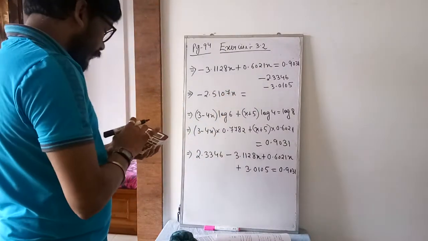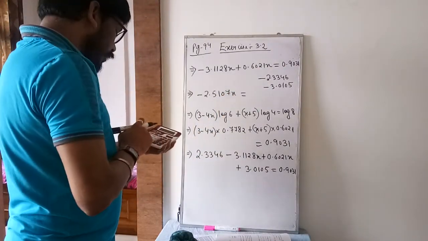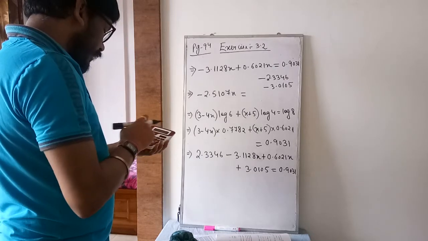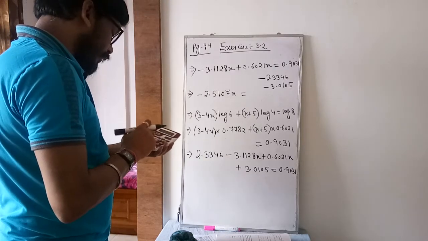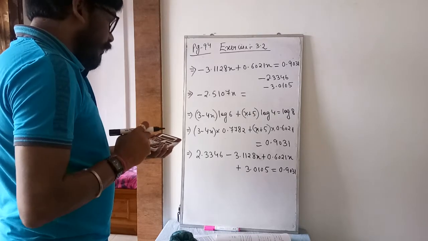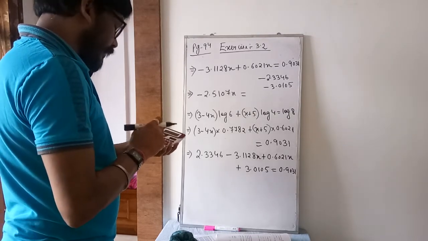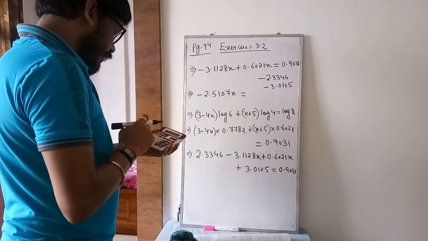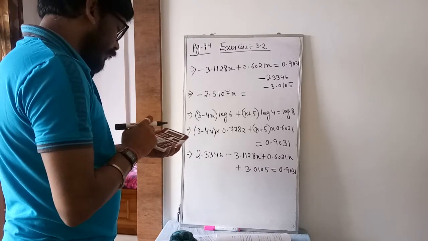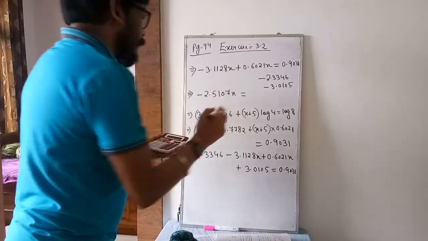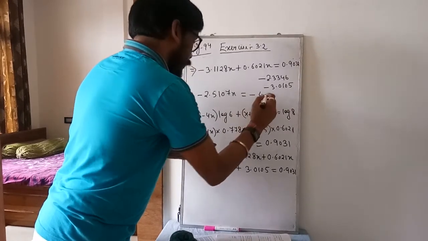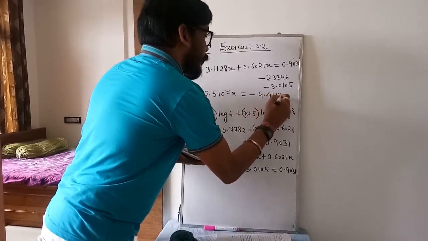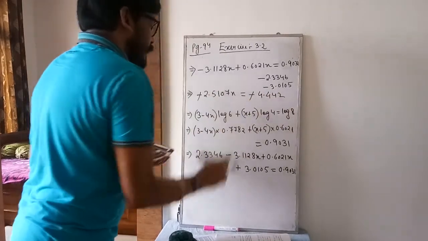And here 0.9031 minus 2.3346 minus 3.0105, we will get minus 4.442. Both sides minus, minus cancel.